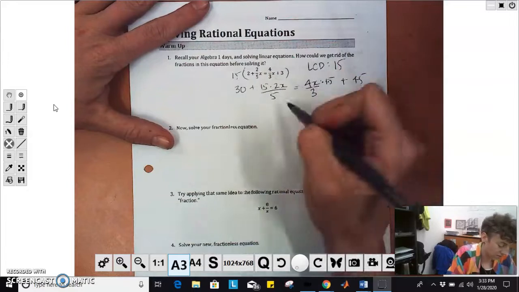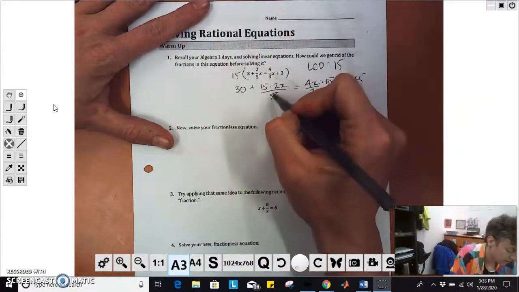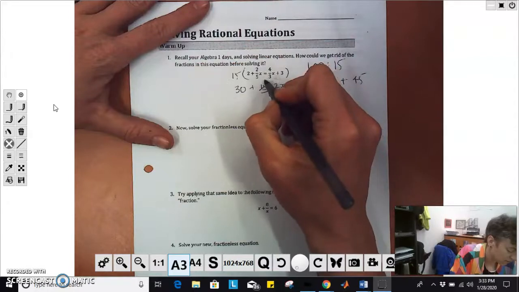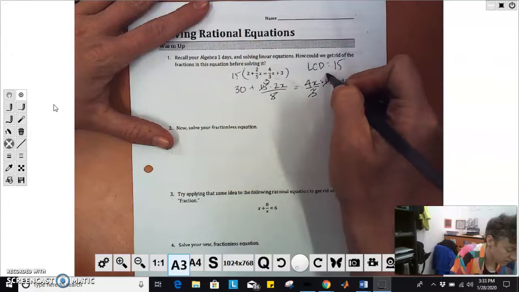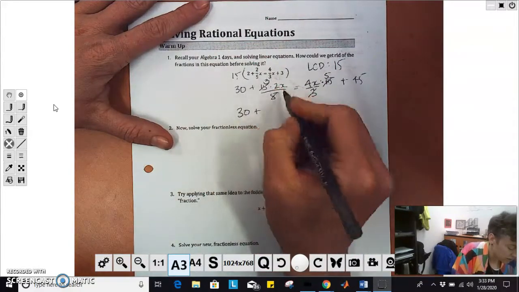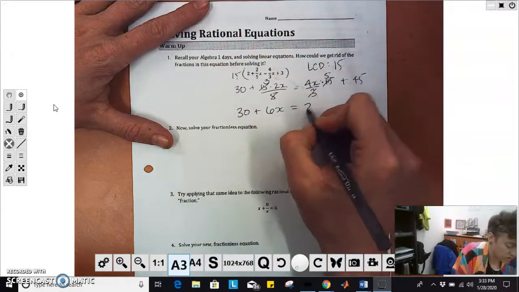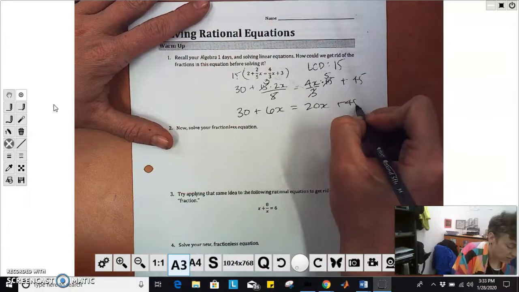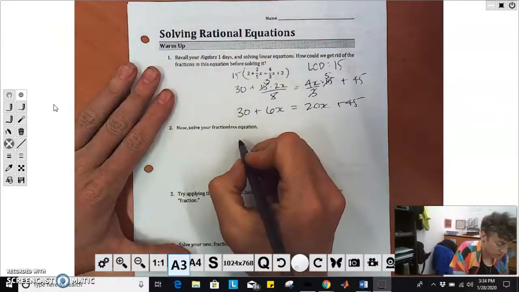So I can easily figure out what I'm crossing out here. 5 and 15, that'll become a 3. And 3 and 15, that'll become a 5. So now we've got 30 plus 3 times 2x is 6x equals 4x times 5 is 20x plus 45. Whew! No more fractions. Sweet, sweet, sweet.